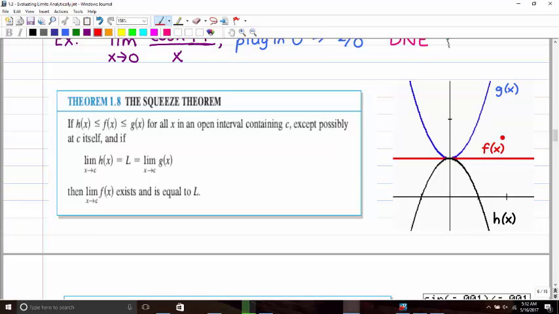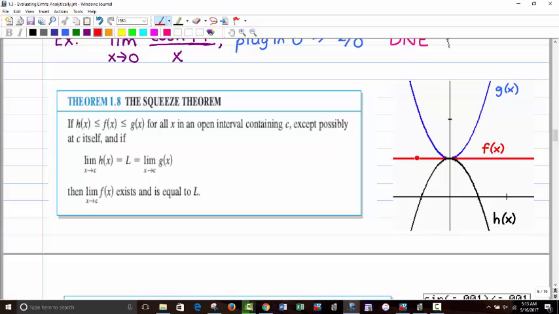I put a little graph here that might not be the best example, but it's not bad. You see f of x, the red horizontal line, is always between the g and the h, and the g and the h have the same limit.